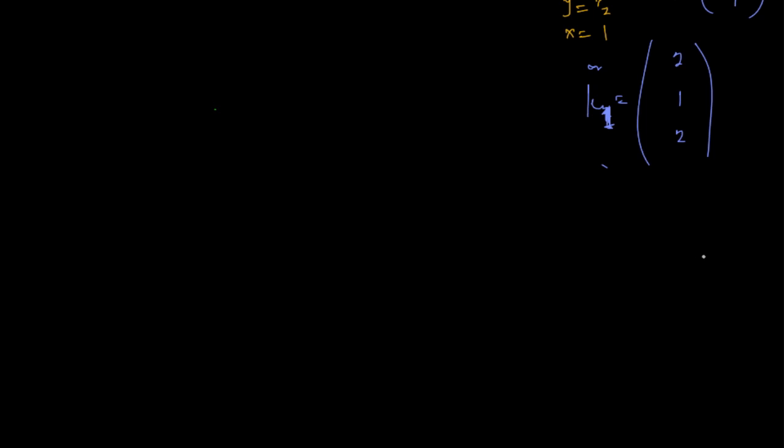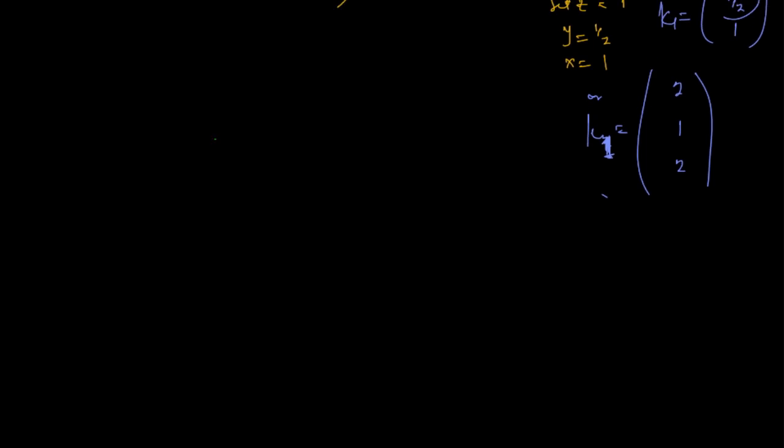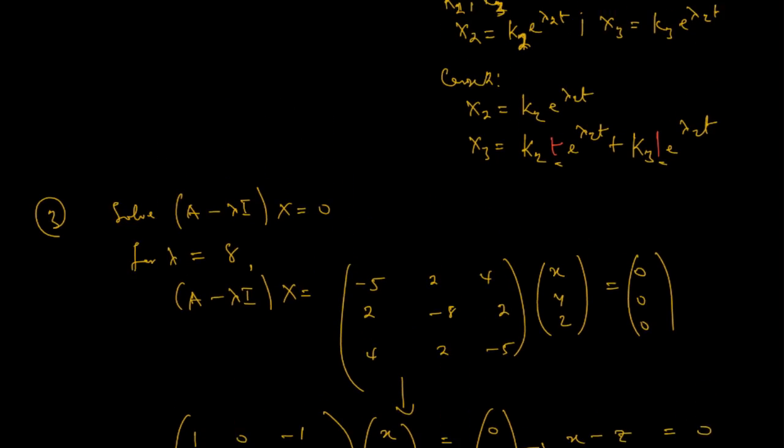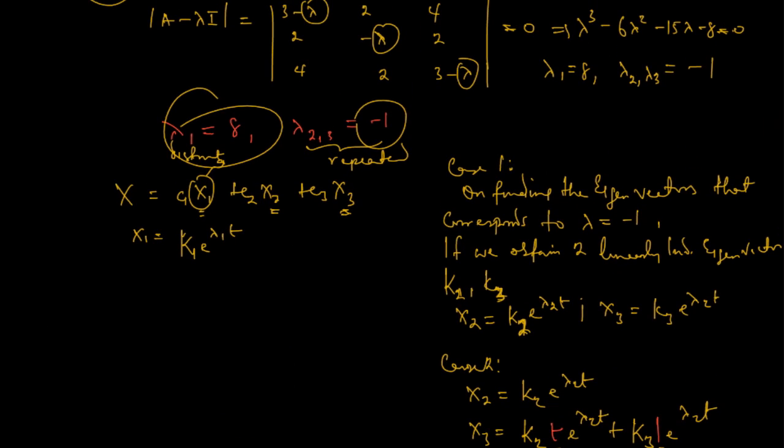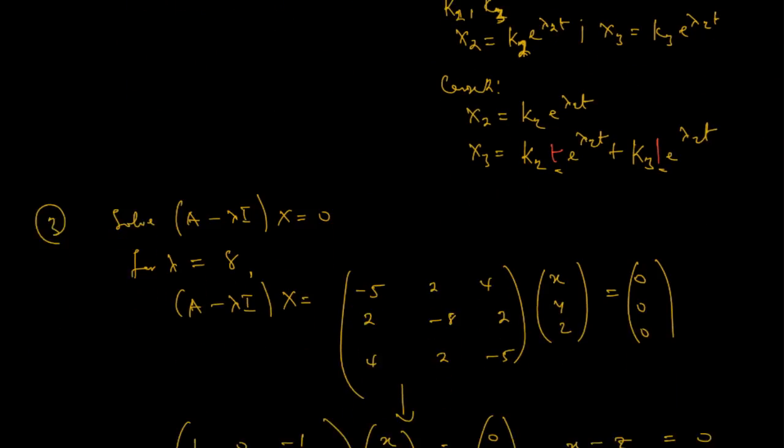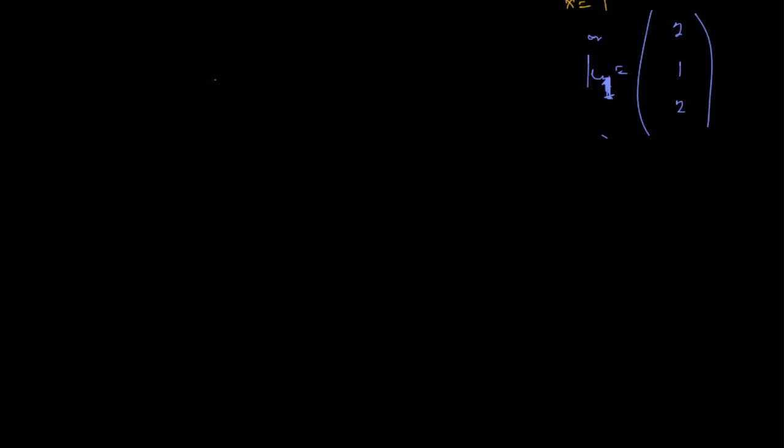So let me now find the eigenvector that corresponds to the next eigenvalue, which is lambda 2 equals negative 1. So we go for lambda 2 equals negative 1. To find the eigenvector, I need to solve (A - λI)x = 0.